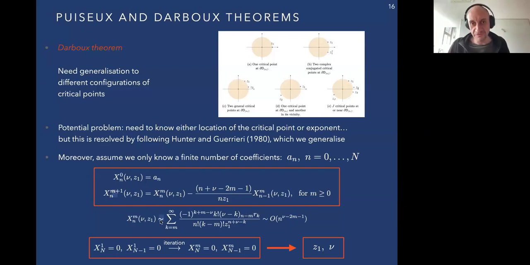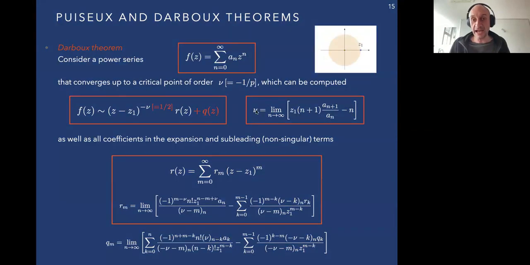What you can prove quite easily is the following. Let's say you start with two equations. You can first solve x_1^n, where n is the last order of the coefficient you know. You can solve two very simple equations for both Z1 and nu.